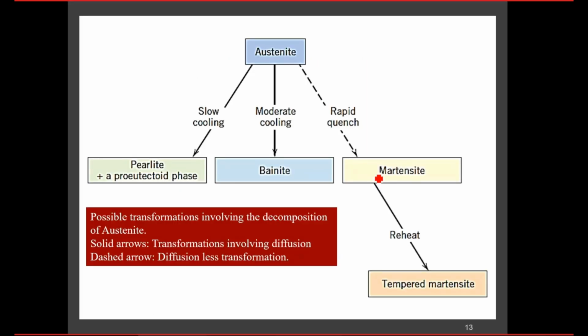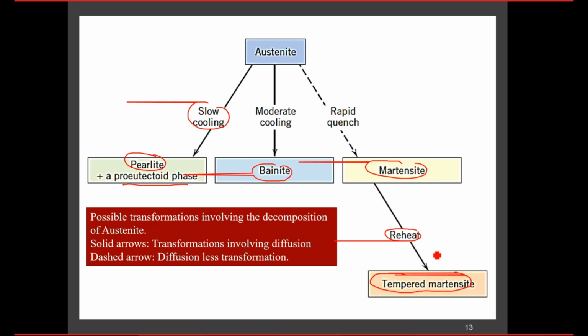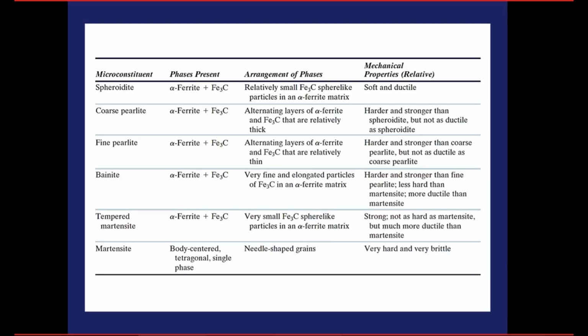If we summarize this, cooling austenite slowly would give you a proeutectoid phase and perlite. Moderate cooling would give you bainite, and rapid cooling would give you martensite. If you reheat martensite, you can get tempered martensite. Now, if we look at this table, this gives you the information about structures: spheroidite, coarse perlite, fine perlite, bainite, tempered martensite, and martensite.